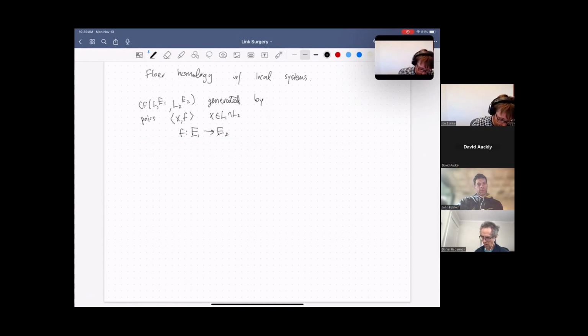So let's say I have some holomorphic disk; we're going to count holomorphic disks. Let's say XF is the input to the differential, so let's do del of XF, counting Floer disks.